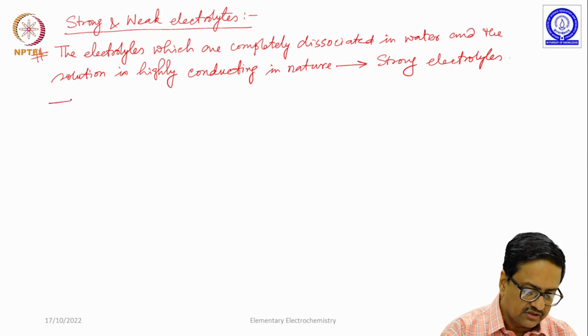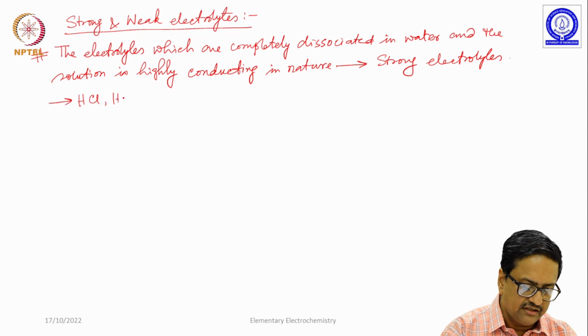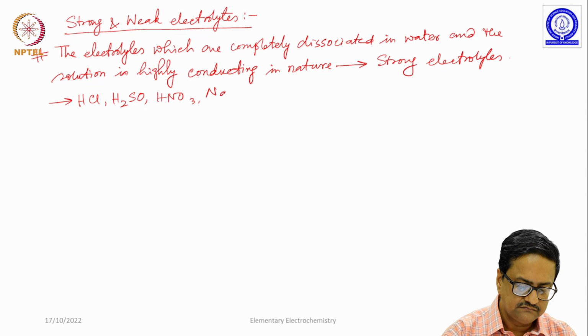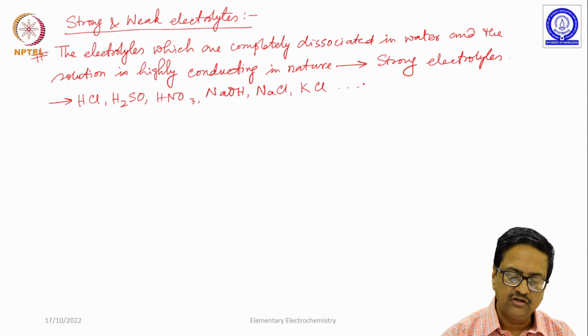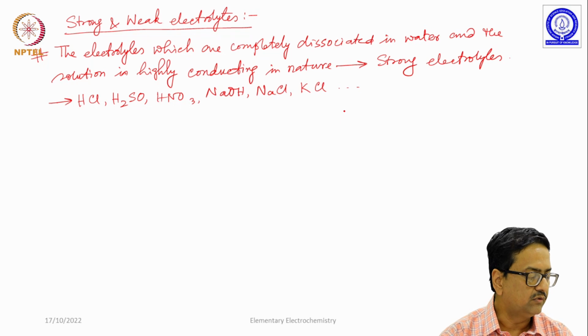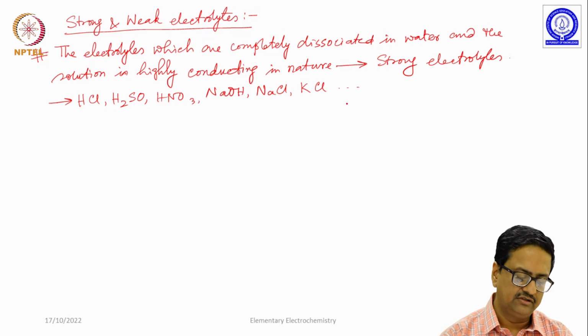Examples of such strong electrolytes are the mineral acids, HCl, H2SO4, nitric acid, sodium hydroxide, sodium chloride, potassium chloride, etc. All the inorganic salts which are soluble in water are classified as strong electrolytes.